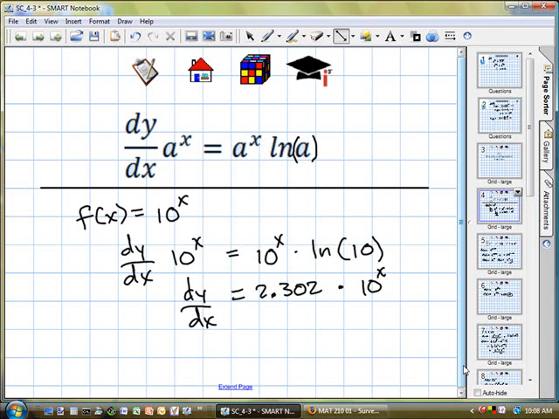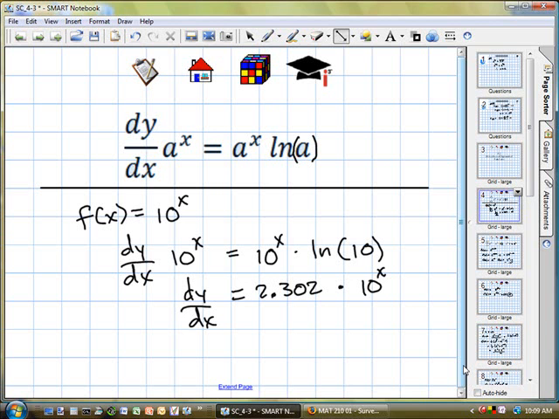First of all, it's equal to itself multiplied by the natural log of the base, whatever the base of that exponential function, in this case a. So I'll just say that again. If you're going to take the derivative of some exponential, it's equal to itself multiplied by the natural log of its base.